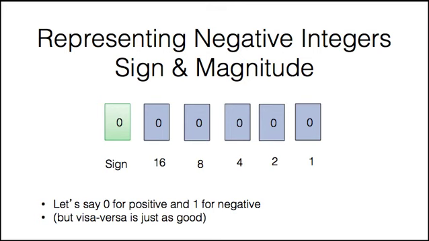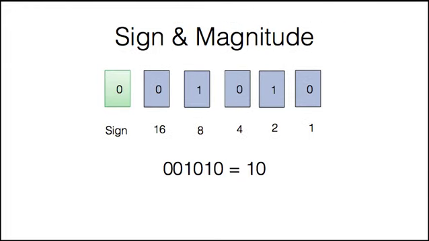It could be at the end or the middle as well, but at the start. We could make that special, and that bit would tell us whether it's a positive number or a negative number. We could say if it's 0, it'll be positive, and if it's 1, it's negative. Or we could say the other way around, vice versa, whatever. It doesn't matter.